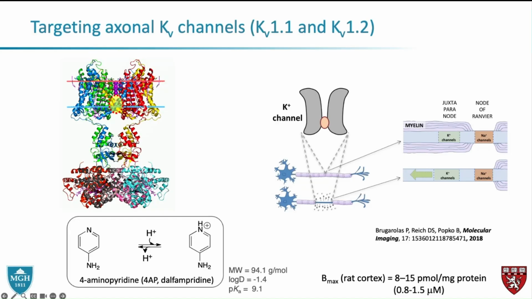It doesn't look like a drug. It is very small. It doesn't have enough hydrogen bond donors and acceptors. But the way it works so well is that under physiological pH, this molecule is mostly neutral, and then it can diffuse through biological membranes, including the blood-brain barrier.